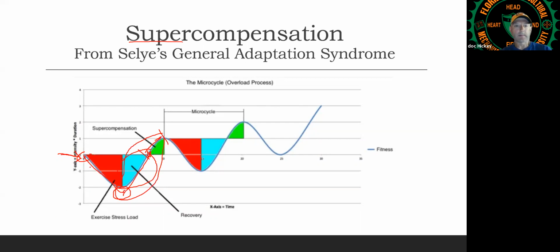So the main takeaway from supercompensation is the alternation of hard days and easy days, the alternation of stress days and rest days. And the other thing we talked about last week when we were talking HRV is that stress is stress.